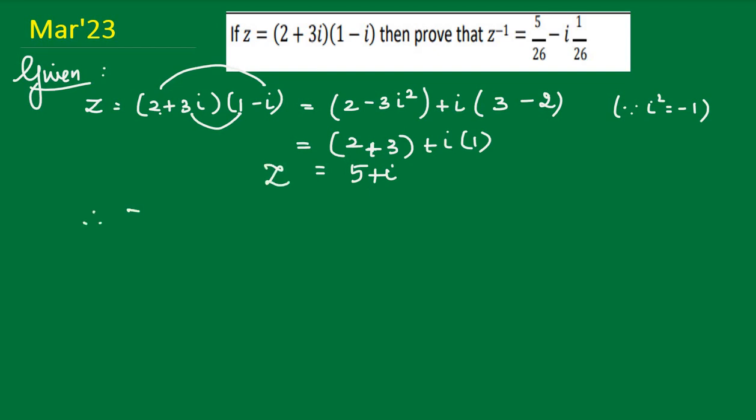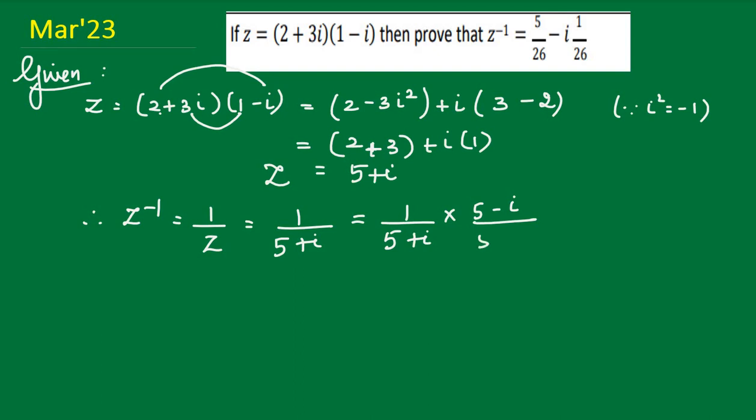Now we find z inverse. z inverse is equal to 1 by z, which is equal to 1 by 5 plus i. Take the conjugate of the denominator, so this is equal to 1 by 5 plus i into 5 minus i divided by 5 minus i.